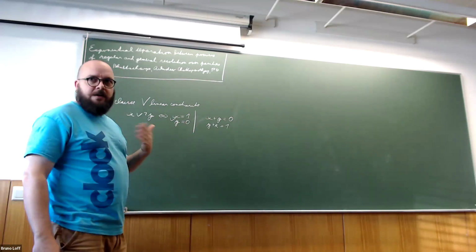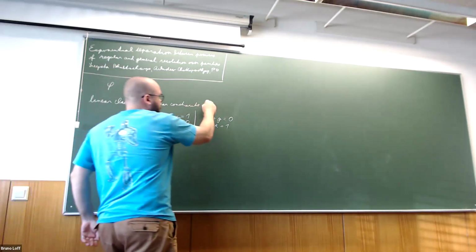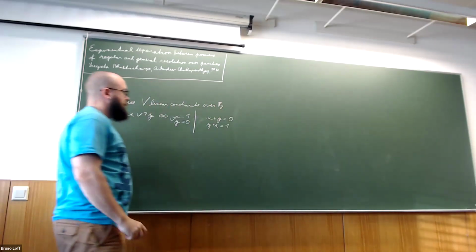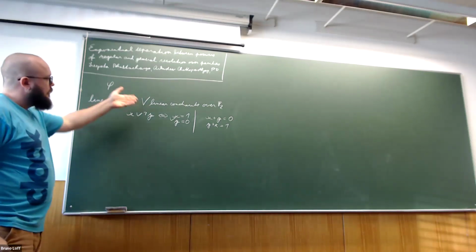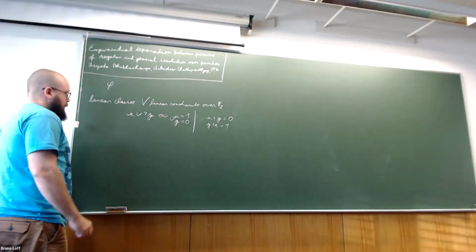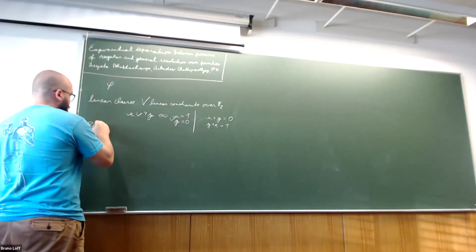Today I will be talking only about linear constraints over F2. There will be no other field, just F2. So we have this object, and what's in this ResLin system.